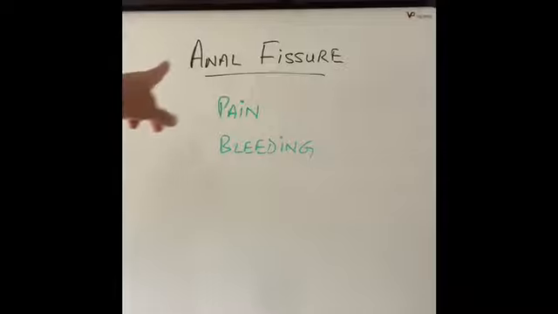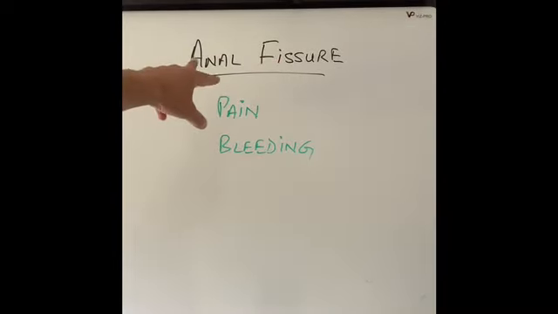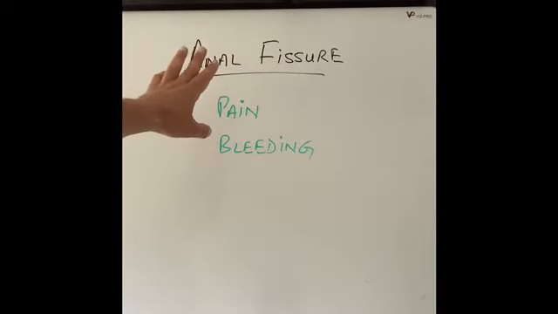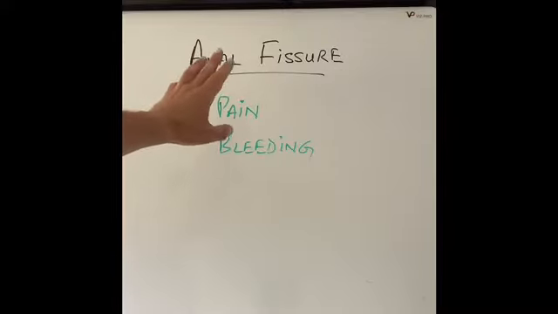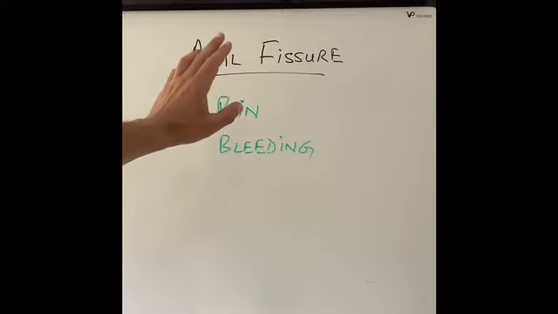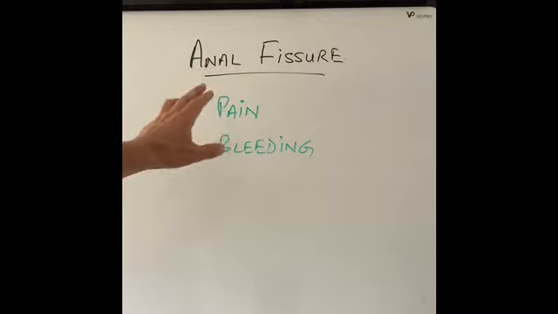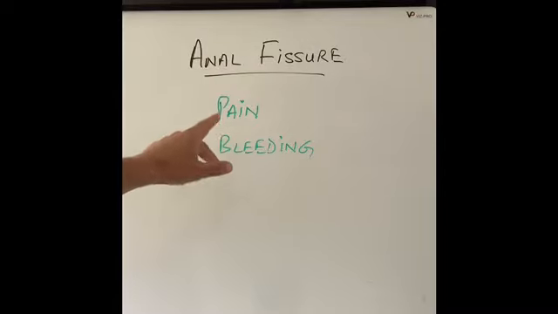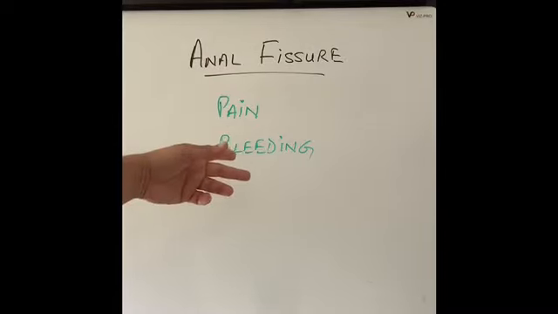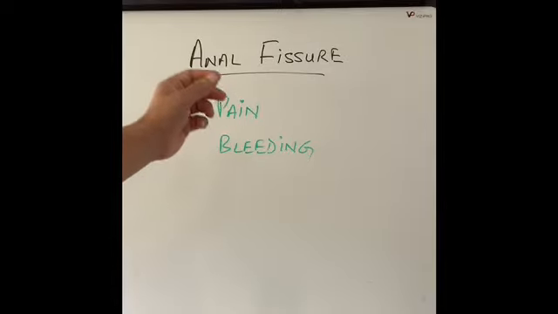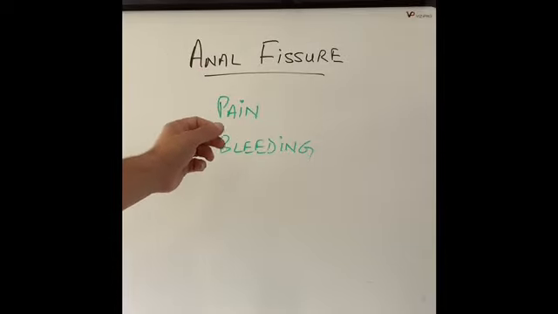Today I'm going to talk about a very common condition called anal fissure. In my last video, if you remember, I spoke about hemorrhoids and I mentioned it very specifically. Many of us believe that hemorrhoids cause pain in the bottom end together with bleeding. But the commonest cause of painless bleeding in the bottom end is hemorrhoids.